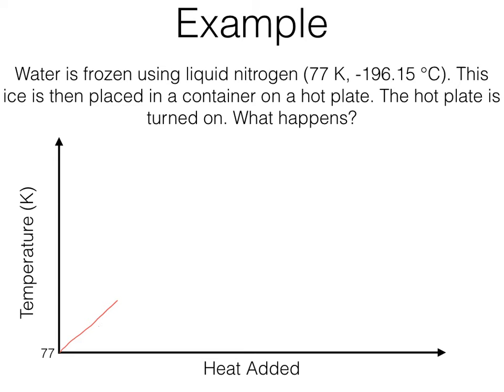And this is the warming of the ice. And when the ice reaches 273 Kelvin, or 0 degrees Celsius, the freezing point of water, the ice is going to start melting.